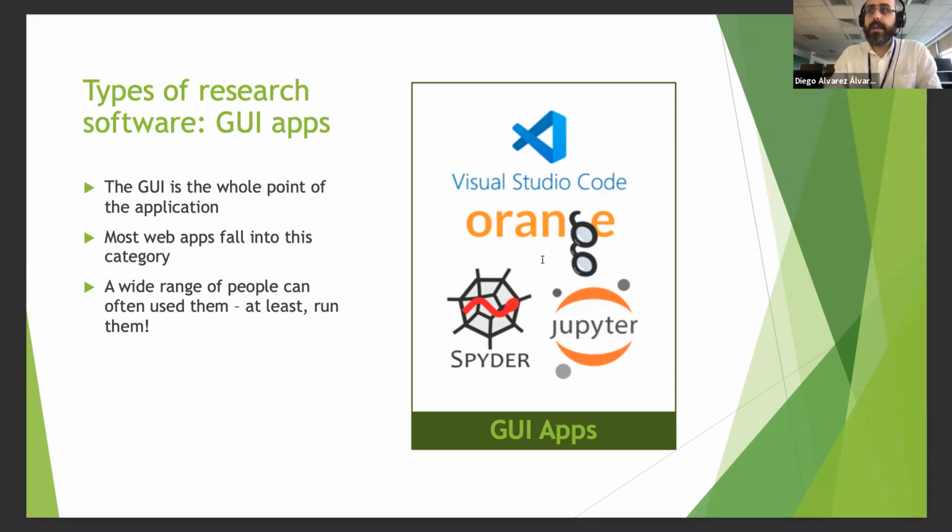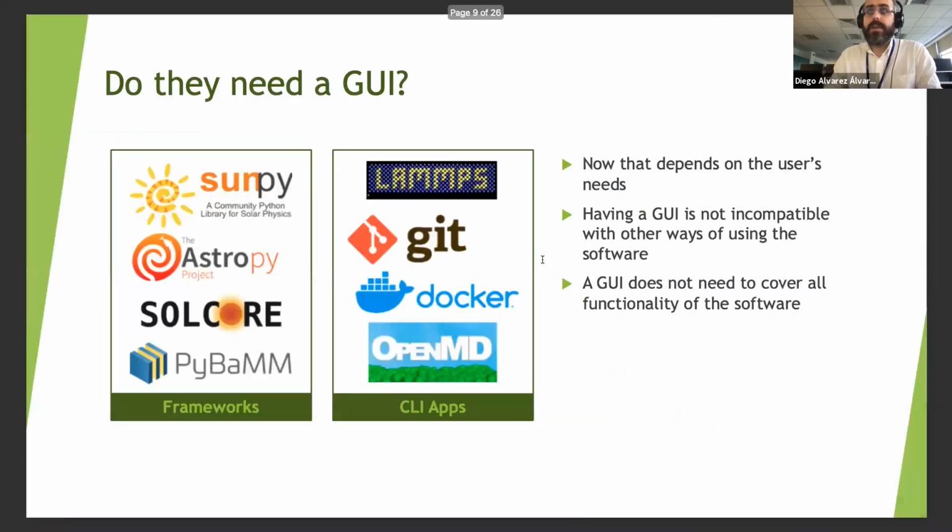So when we think about which of these can actually benefit from a GUI, and whether we should be investing time in it, the groups that do not have a GUI and could benefit from one are frameworks and command line interfaces.